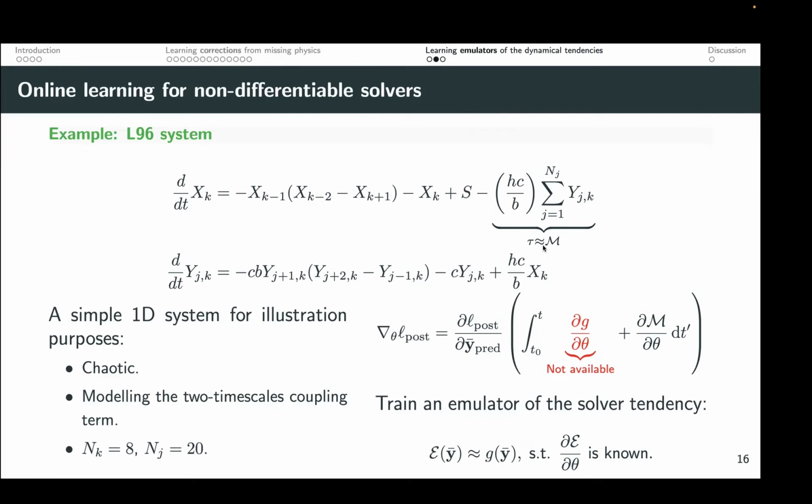What we want to do is to model this, knowing that we don't have access to this quantity. So the idea is to train an emulator, call it epsilon, that is close to the coarse resolution model. This emulator will be a neural network, and so you have access to the derivative of this model directly for free.